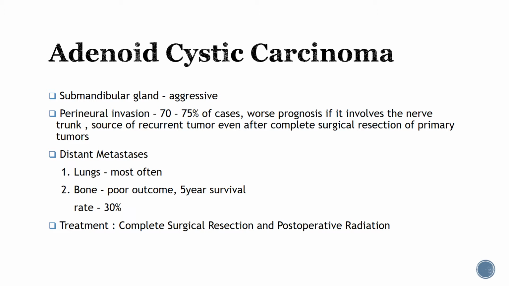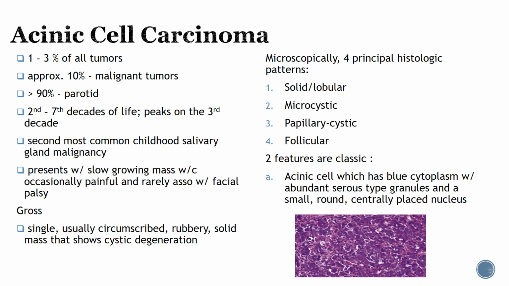Another distinguishing feature is that metastasis tends to be distant, most often to the lungs. Distant metastasis to bone is often associated with a particularly poor outcome, with a 5-year survival of about 30%. Treatment is complete surgical resection with postoperative radiation.